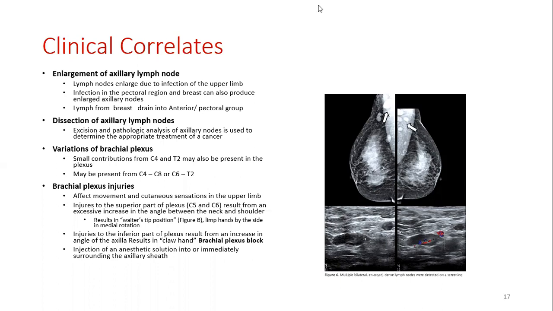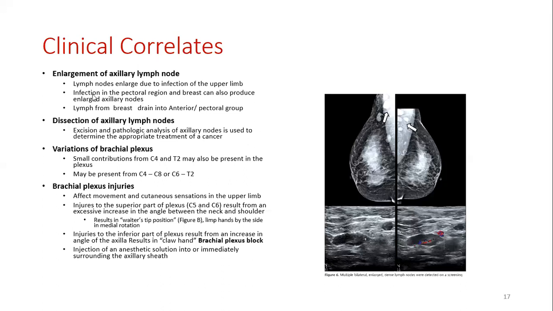Okay, so in this picture, you can see the enlarged lymph nodes here in the superior aspect of the breast tissue, which once again, especially when it comes to older patients, you're worried about breast cancer. You can have an infection that is then spreading through the lymph fluid into the lymph nodes.